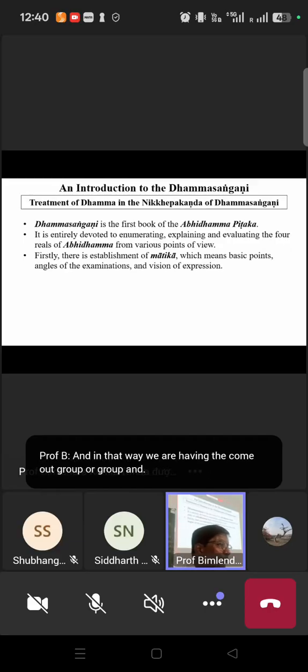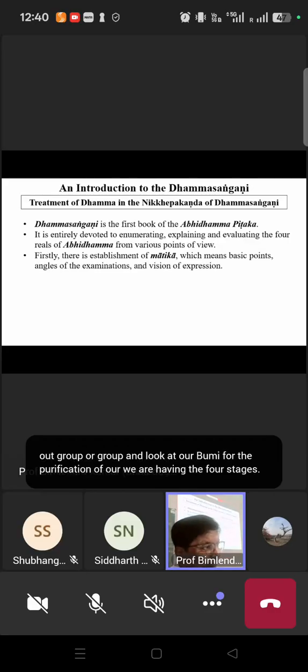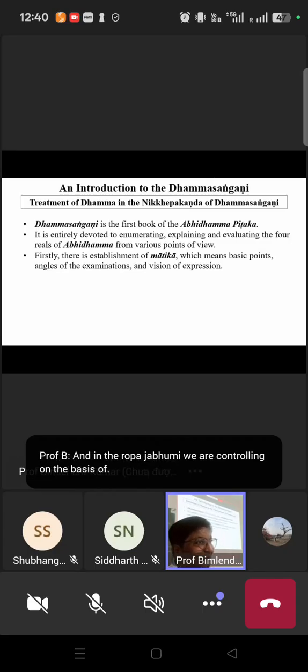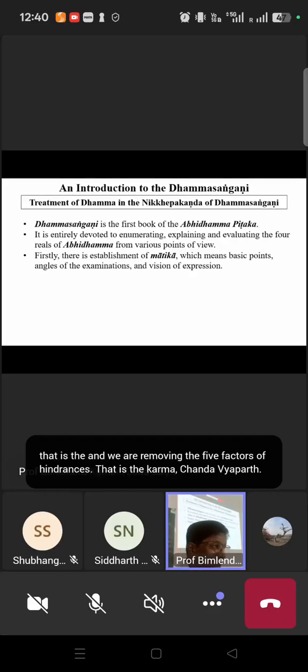For the purification of our consciousness, we have four stages of purification. In the Kama Avachara Bhumi we control our consciousness, and in the Rupa Avachara Bhumi we control it on the basis of the five factors of concentration, the jhana factors, and we remove the five hindrances: Kamachanda, Vyapada, Thina-middha, Uddhacca-kukkucca, and Vicikiccha.